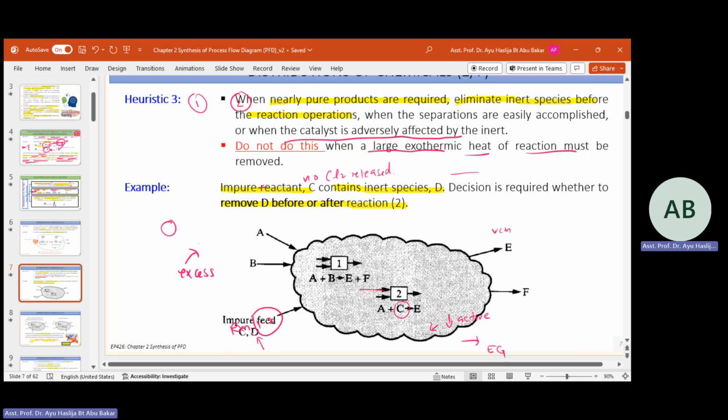So for the impure feed, since we don't need the D, separate the D before the reaction. Because if you don't separate the D, you might have D in your product stream because it is inert. So that's why you need to remove D before the reaction.